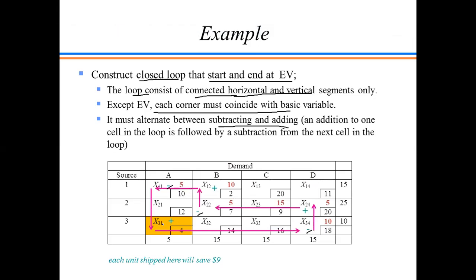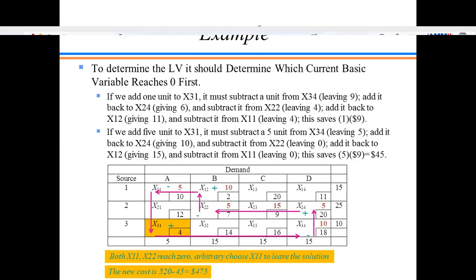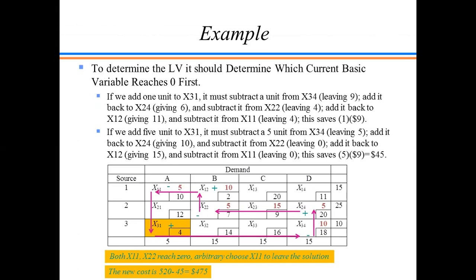So x31 we will add 5. x34 we will subtract by 5. x24 add by 5. x22 subtract. x12 add. x11 subtract. So here 5 is the answer.